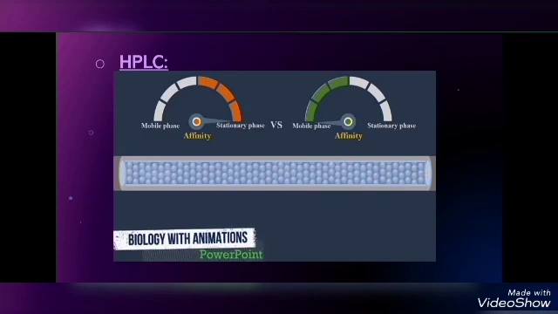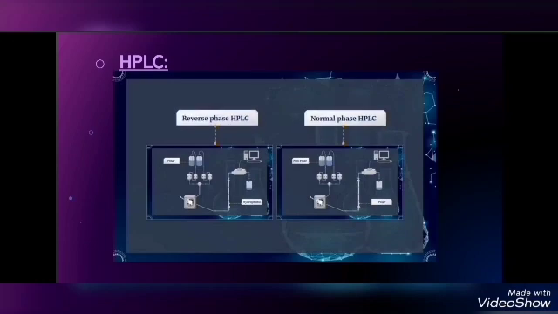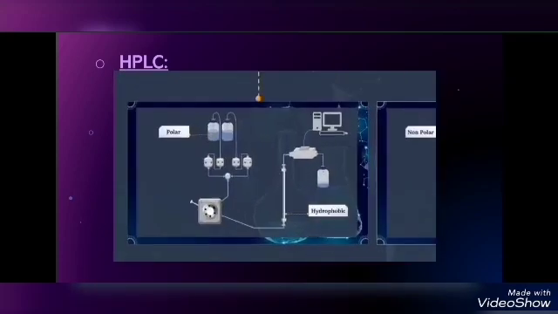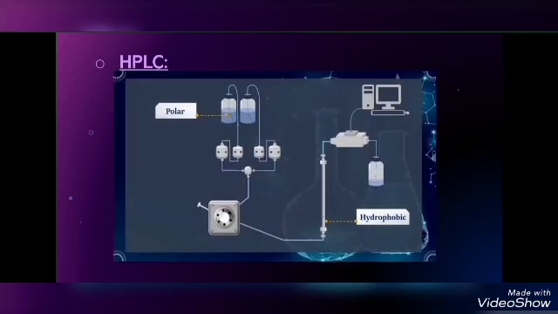This separation can be carried out according to which type of HPLC is used. There are two main types of HPLC: reverse phase HPLC and normal phase. Reversed phase has a non-polar stationary phase and moderately polar mobile phase.